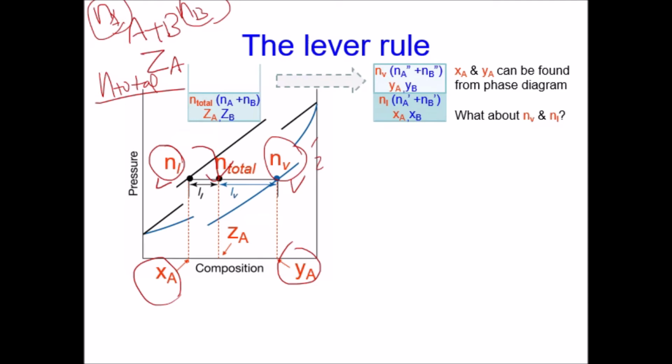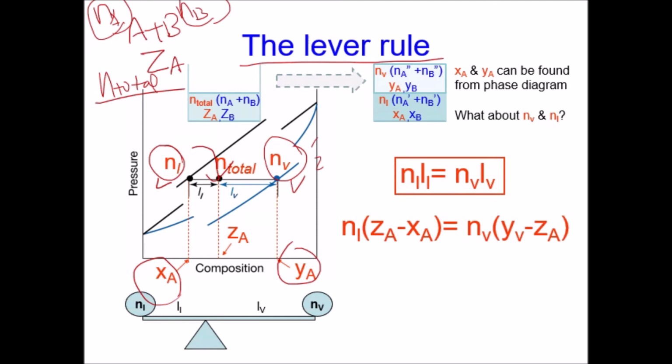Now, this is described by the lever rule. The lever rule can be easily derived by using mass conservation. If you are interested, you can go to the textbook and find the derivation, but here we'll skip the steps and give you the results.